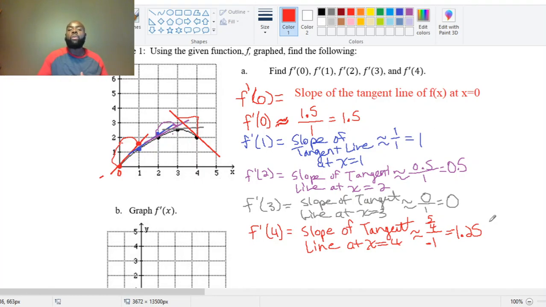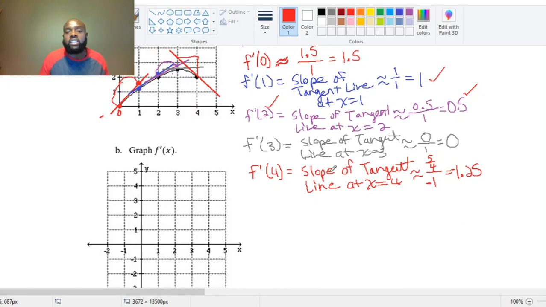And so basically what we've done is we have some input values where our derivative function is defined and some corresponding output values, right? When you input 0, you get an output of 1.5. When you input 1, we get an output of 1. When you input 2 into your derivative function, you get an output of 0.5. This is a function. And basically what we've just done is we've created some ordered pairs.